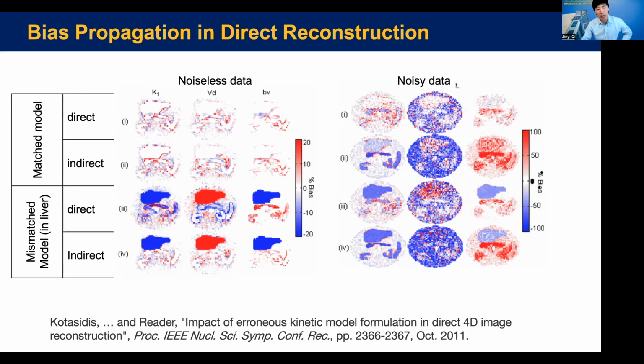But when you go to noisy data, the direct reconstruction still outperforms the indirect reconstruction, because this bias propagation, even though it's still there, is buried by the noise in the indirect reconstruction. The indirect has much higher noise and generates even higher bias than the direct reconstruction. Nonetheless, people have developed methods to mitigate this bias propagation.